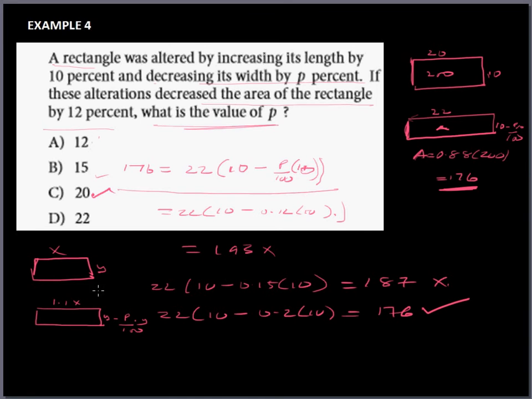So if I set the two equations together, the new area, 1.1x, which is my length, times y minus p over 100 y, will be equal to 0.88xy. If you want to solve this algebraically, this is what you do. And once you go through this process, the xy will cancel out and you find p, and you still get p equal to 20%.